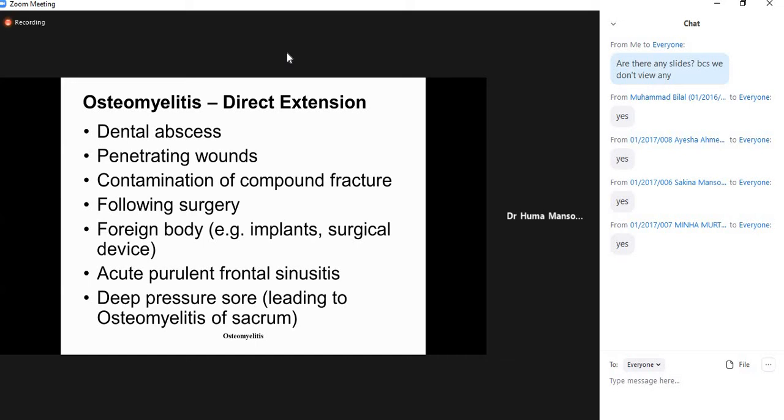Or it can gain entry from acute virulent frontal sinusitis, or, very commonly in the elderly, from pressure sores or bed sores, which leads to osteomyelitis of the sacrum.